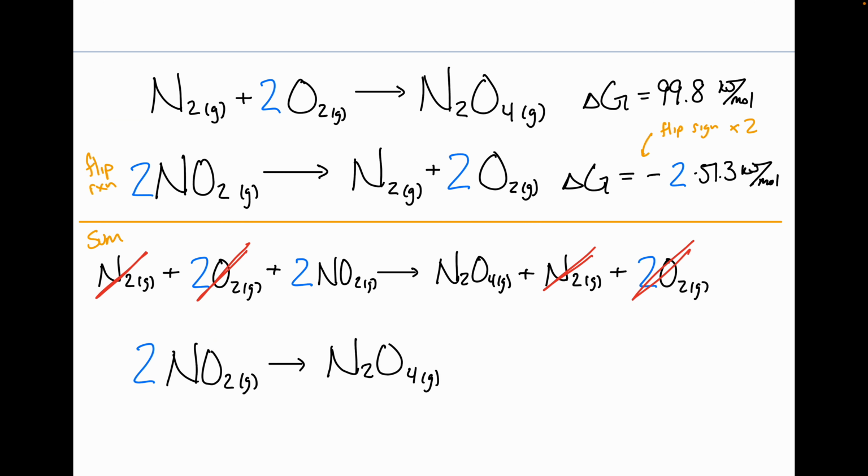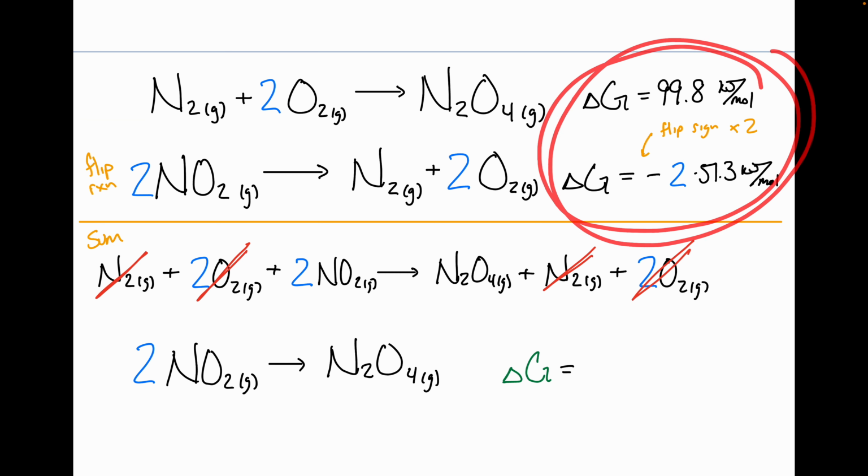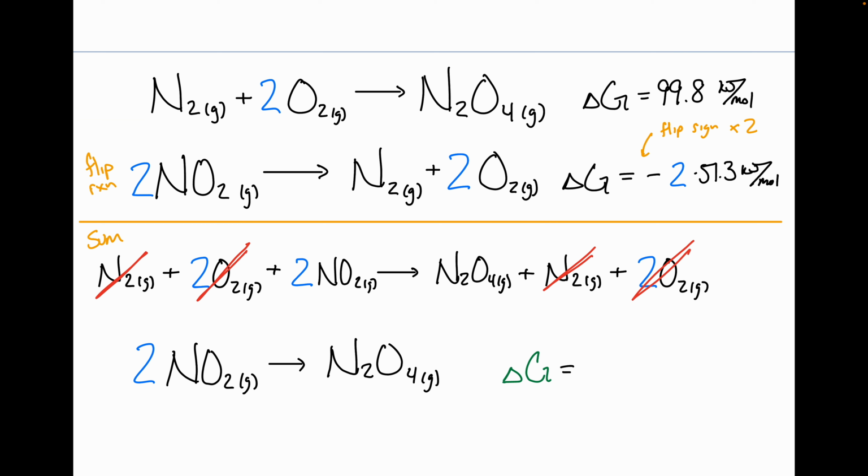All right, and we said our goal was to study the delta G of this new reaction here. Well, just like I was able to simply sum up my chemical reactions to give me my new chemical reaction, I can sum up my delta G values to give me my new delta G value here. All right, so that's my 99.8 minus that 2 times that 51.3, all in units of kilojoules per mole.